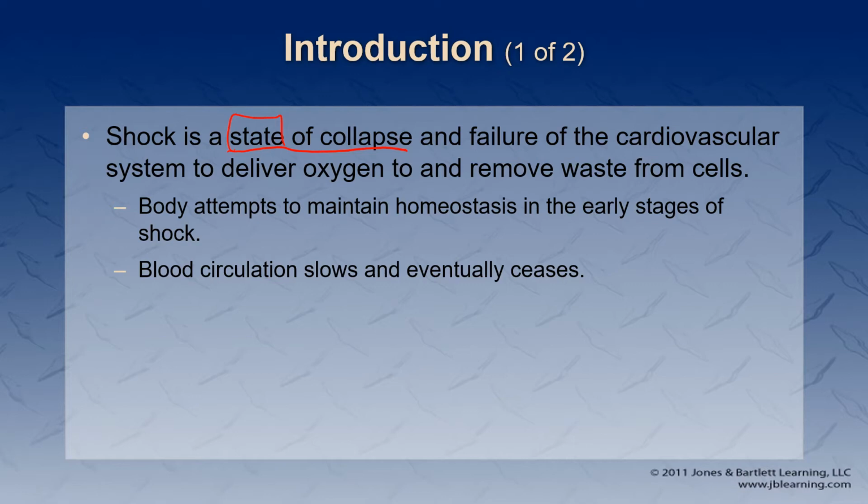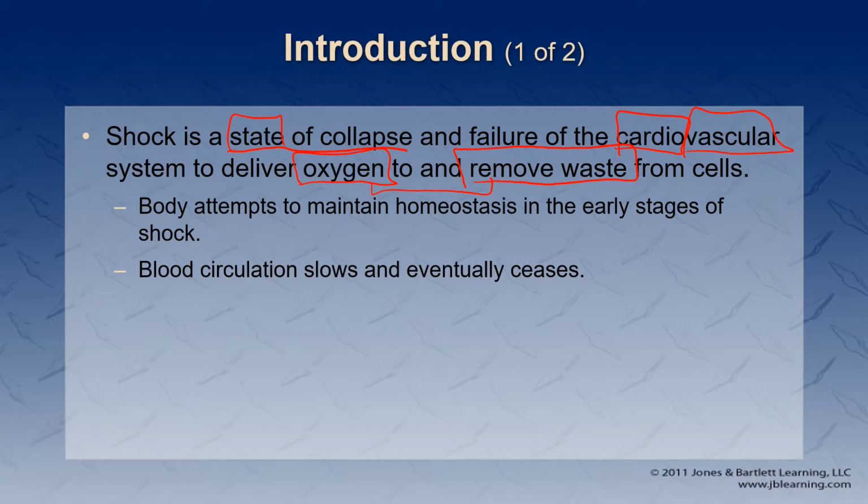So you can see there's a couple components here. So we've got the heart, the vascular system, and then we have to get oxygen and we have to be able to remove waste, right? So oxygen and removing waste involves the lungs, and cardiovascular is the heart and the blood vessels.